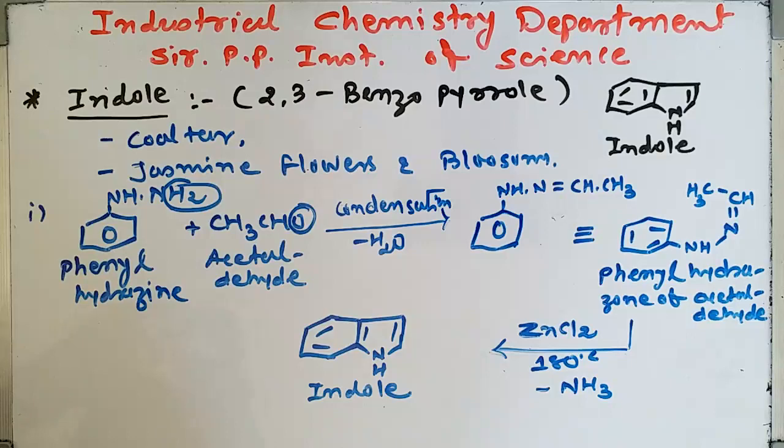When phenylhydrazine and acetaldehyde undergo condensation, we get the phenylhydrazone of acetaldehyde, and this heated at 180 degrees Celsius in the presence of zinc chloride gives indole. So this is the synthesis of indole.